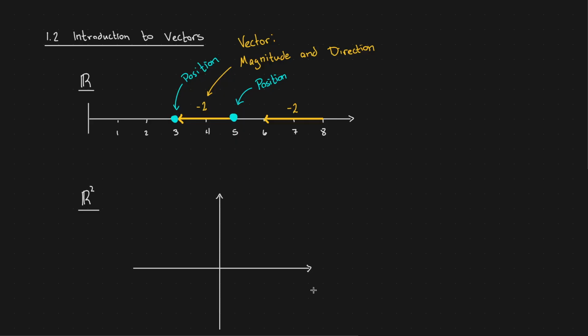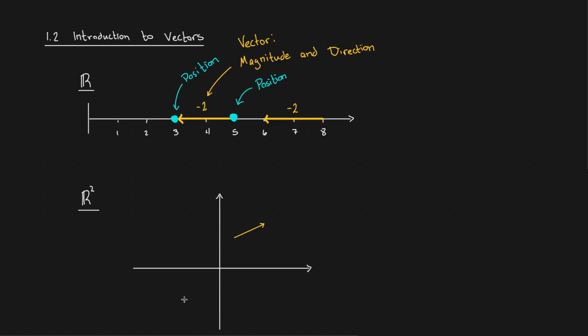The big change here is we just have more directions we can point in. So for example, let me draw this vector here. Okay, so that vector has a magnitude. The length of the arrow illustrates the magnitude, and it has a direction. In this case, it's pointing to the right and up a little bit, right?